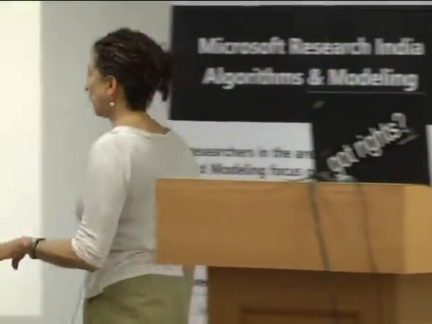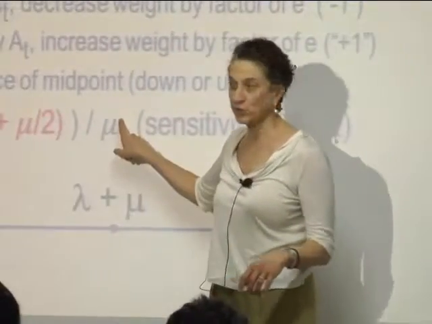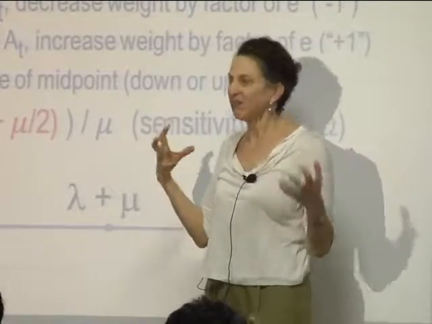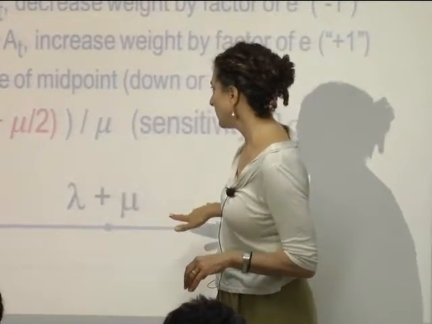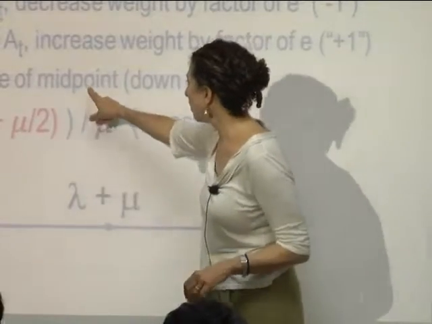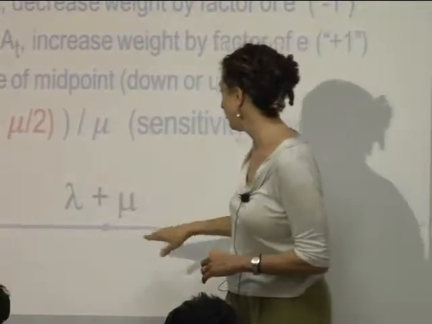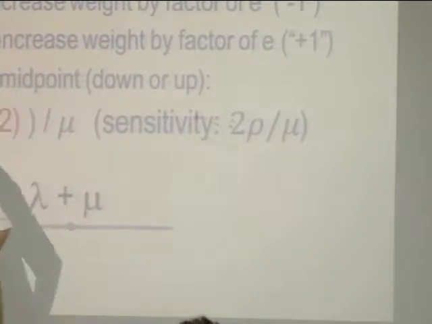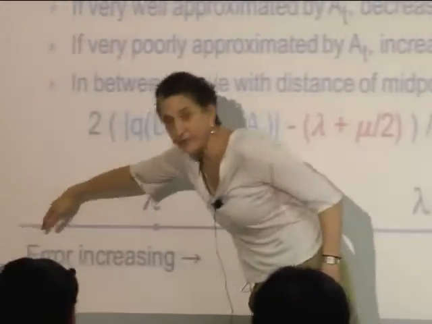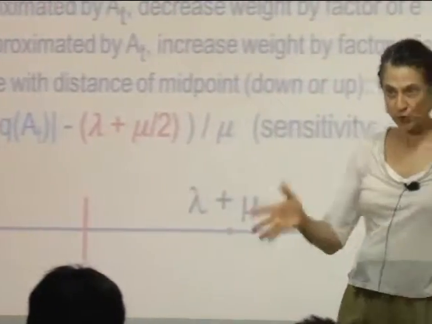We're going to choose a parameter mu, and we'll talk about the choice of mu later, but it'll be kind of chunky. And what we're going to do is scale with the distance to the midpoint. So this is the error here. Things where the error is less than lambda, those are good.